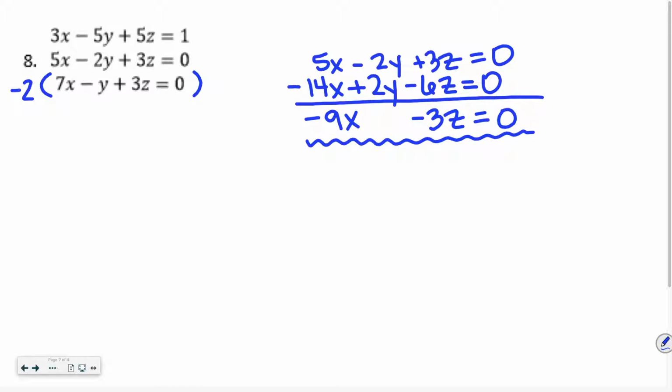So if we choose equation 1 and equation 3, what would we need to multiply that third one by? If I choose equation 1, which is 3x minus 5y plus 5z equals 1, what would I need to multiply this bottom equation y by to make y opposite? -5.